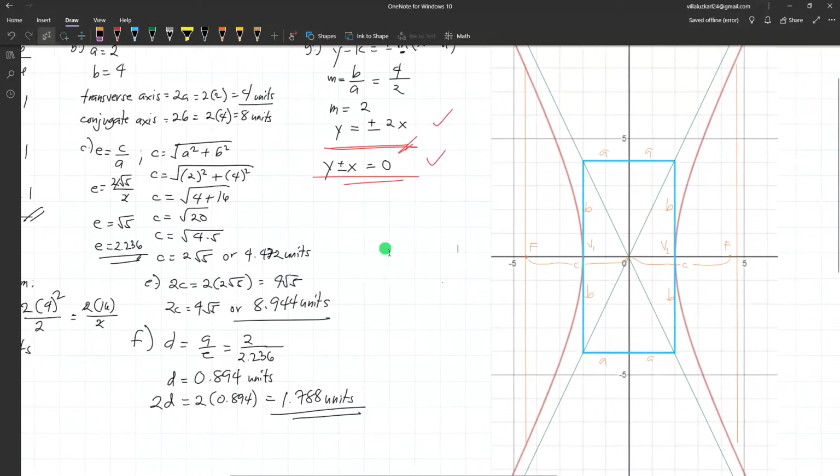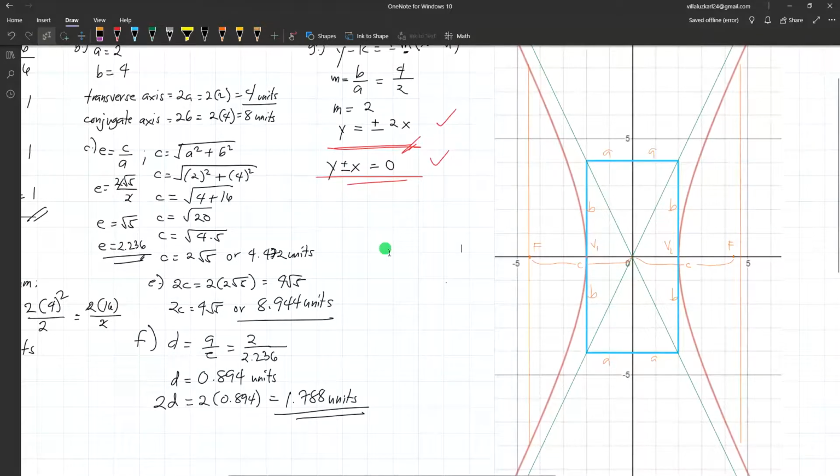So for the directrices, the location of the directrix should be opposite the opening of your curve or the hyperbola. So it is within the boundaries of this transverse axis. So using this distance 1.788 as the distance between the directrices, we use D as the distance from the center to the directrix.